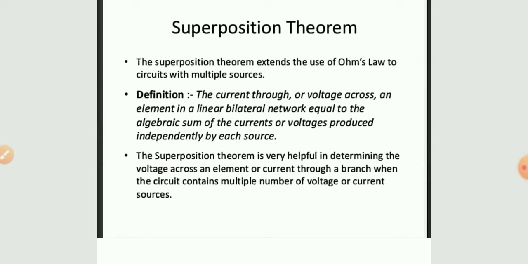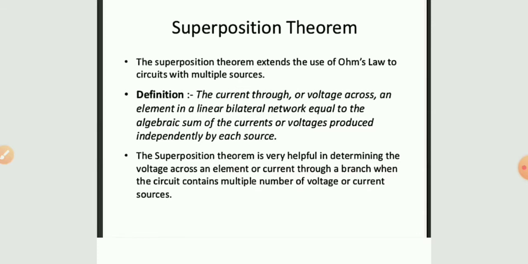Whenever you are analyzing a problem by using superposition theorem, you make sure how many sources are given. You have to consider one source at a time and replace the remaining sources with their internal impedance.